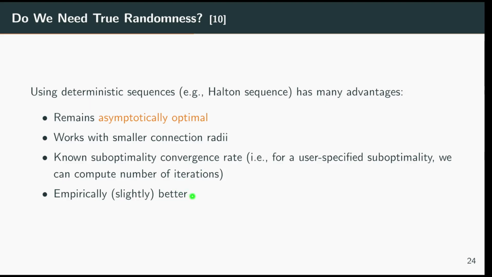And then they also compared it empirically, and well, it's a paper, so they had to show some advancement, and in their work it was better. If you look at OMPL, people still usually use just uniform sampling, even though the Halton sampler is also implemented there to play with.